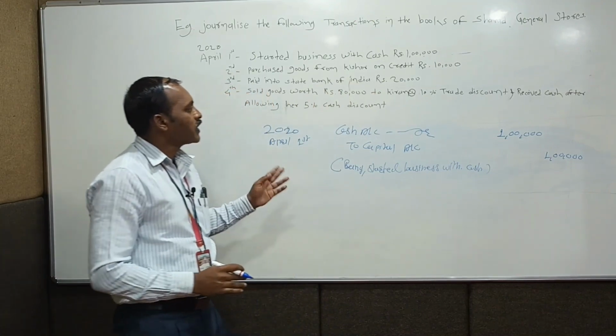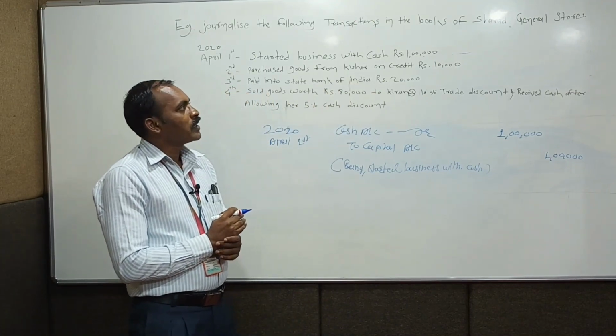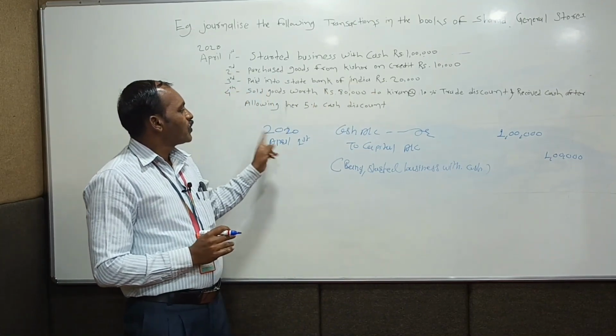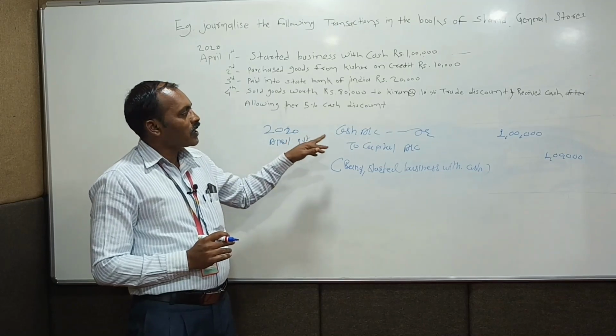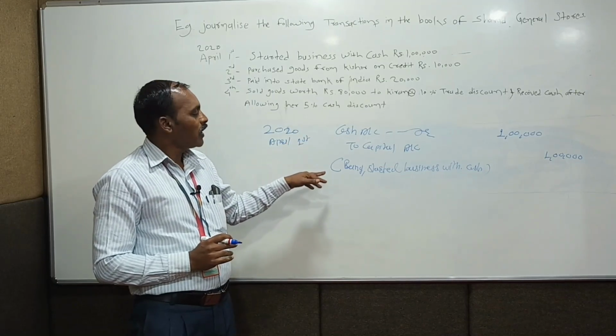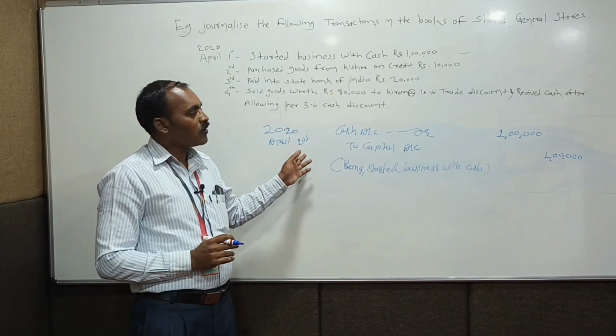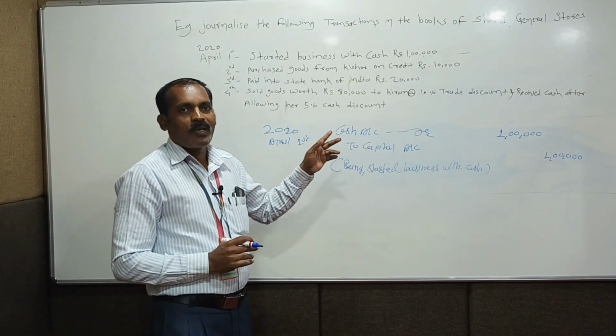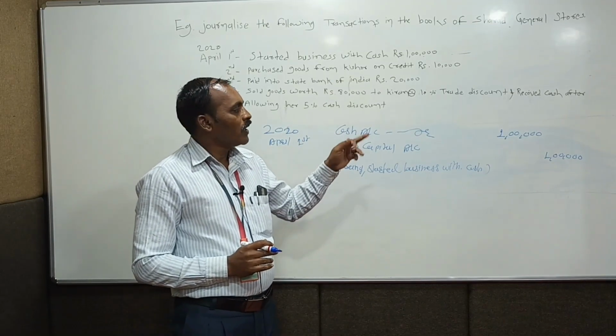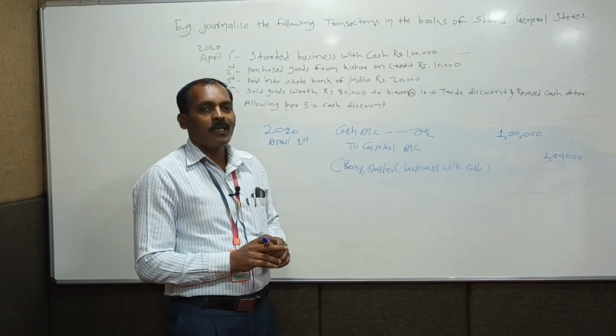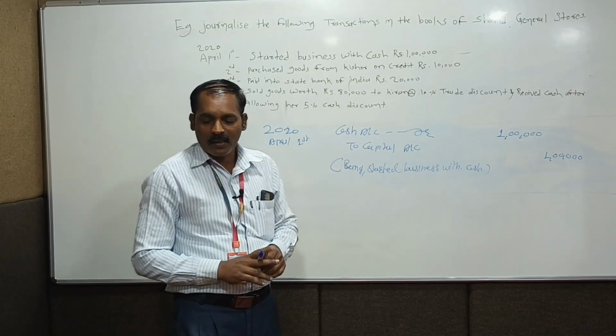So the first transaction is recorded in the books of Sharad General Stores: in the date column 2020 April 1st, cash account debit to capital account, and the narration is recorded in the particulars column. In the LF column no amount or word is recorded. Then in the debit column rupees 1 lakh, and in the credit column rupees 1 lakh.